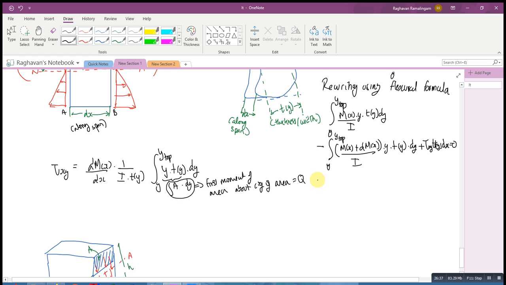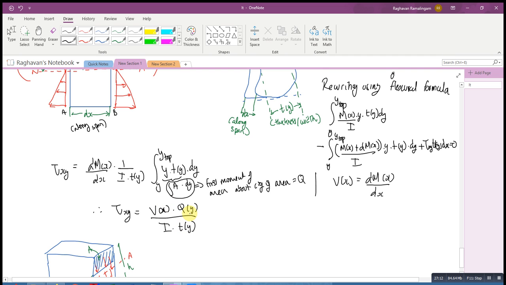We also know V of x is nothing but dM of x by dx. So therefore, tau xy is nothing but V of x into Q of y by I into t of y, and usually we will see that t will be constant.